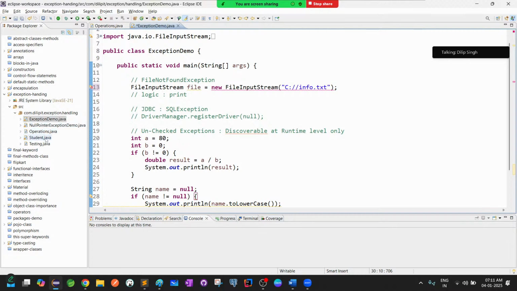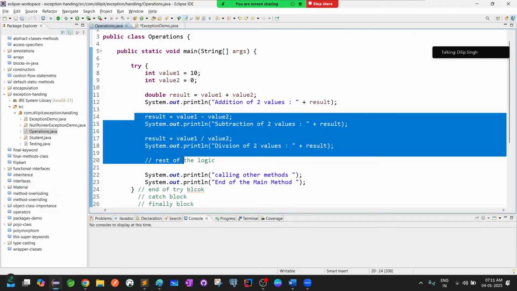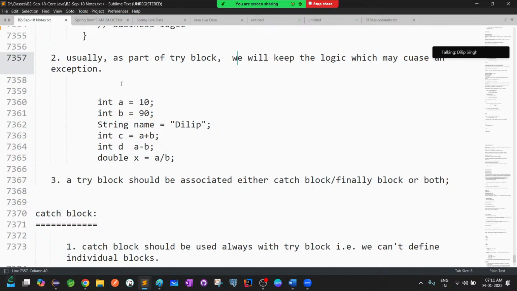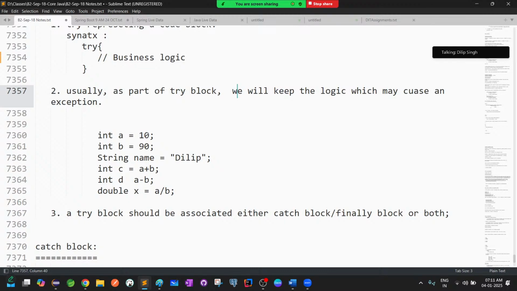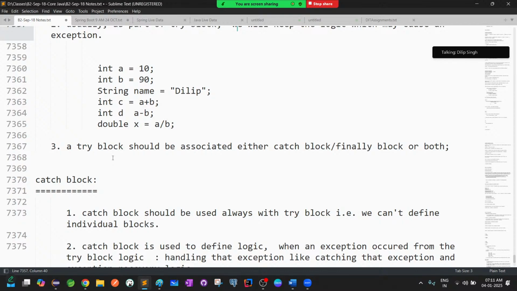It's not that every logic must go inside the try block; anything can be kept there, but usually the lines that may produce an exception are kept inside the try block. So the try block logic is the logic that is going to produce an exception. Then only can you handle the exception.